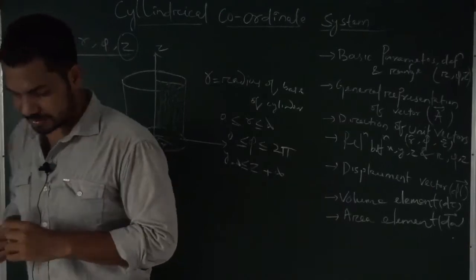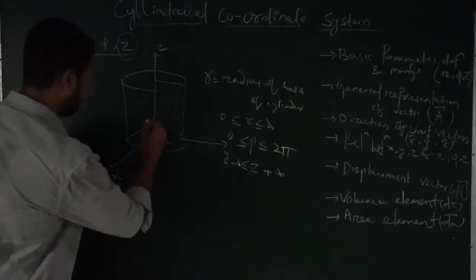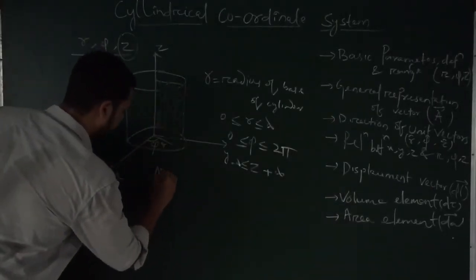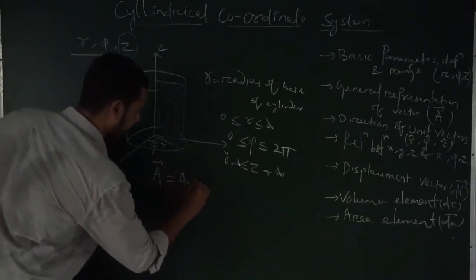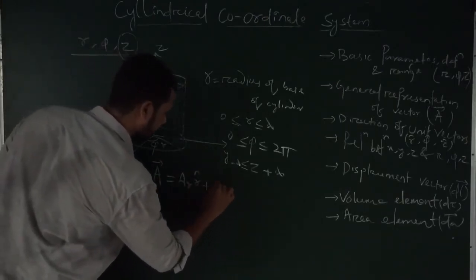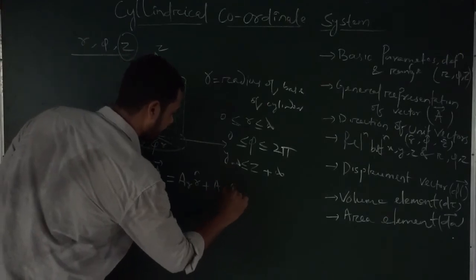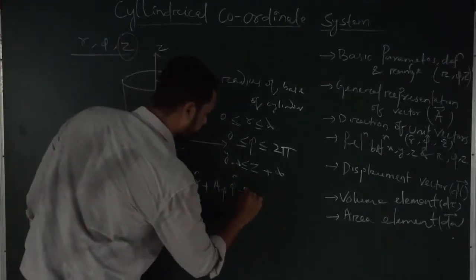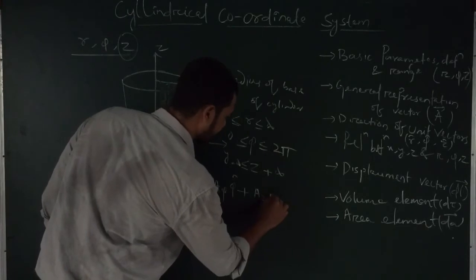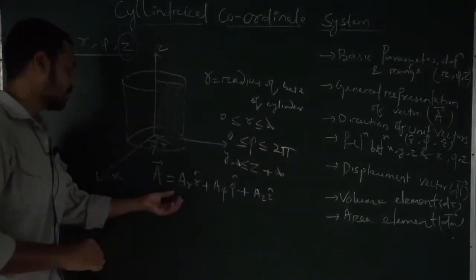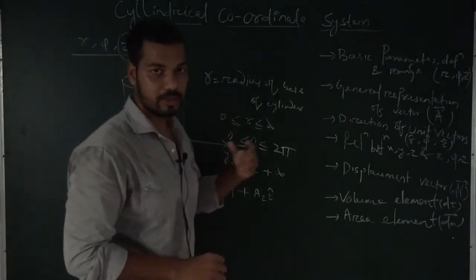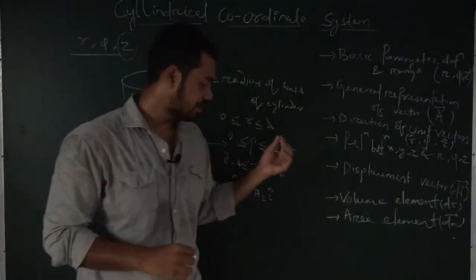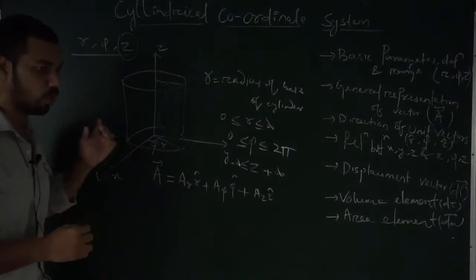So in cylindrical coordinate system, the vector A can be represented as A_r r cap plus A_phi phi cap plus A_z z cap. In some books, this r, your radius vector, is denoted by the symbol rho.